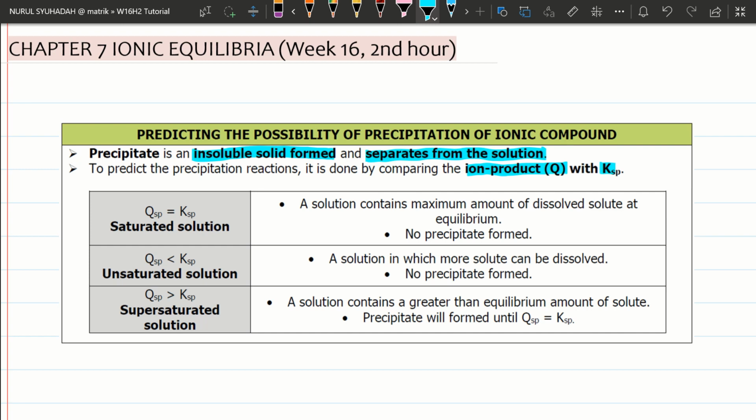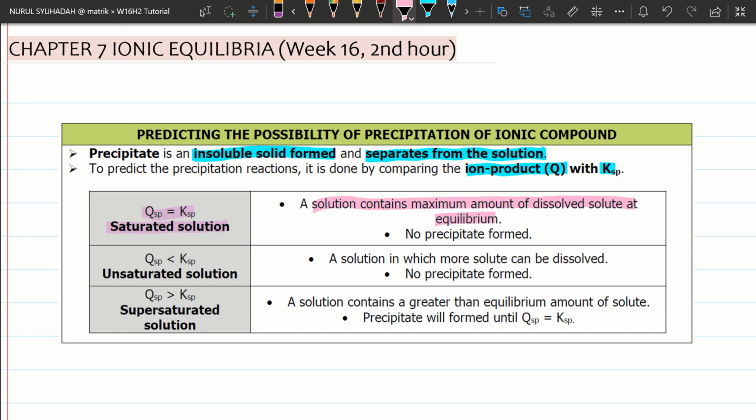Okay, now, so when you calculate, you have value of Q. Okay, kalau awak dapat value of Q dekat sini, okay, value of Q equal to KSP, apa yang kita ada? We have a saturated solution. So maksudnya dekat sini, apa explanation untuk saturated solution? Solution contains maximum amount of dissolved solid at equilibrium.